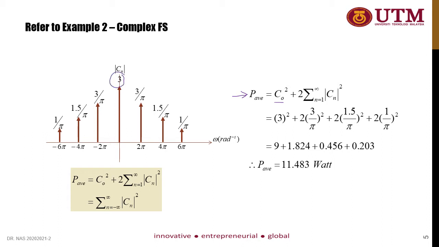So C naught is 3 squared plus 2 times C1 squared. This is your C1, so it's 3 over pi squared multiplied with 2. Move on to the next one: 1.5 divided by pi squared multiplied with 2 for the frequency at 4 and minus 4. And lastly, 1 over pi squared multiplied with 2. So total them up, then you get the average power for the signal.